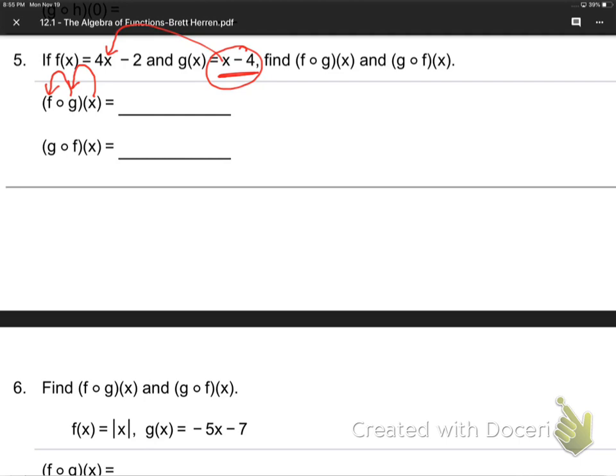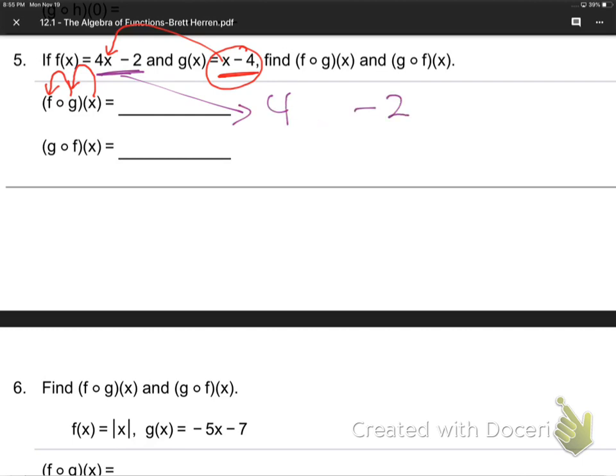Do you see that that's what it's saying? And then in a minute, I'm going to do it backwards, vice versa. The second part means go the other way. But right now, we're on the first part. Does that make sense? Remember, it's always right to left. So it's X into G, G of X, there it is, X minus 4. Put that into F. Put G into F. So that means I'll take F here.